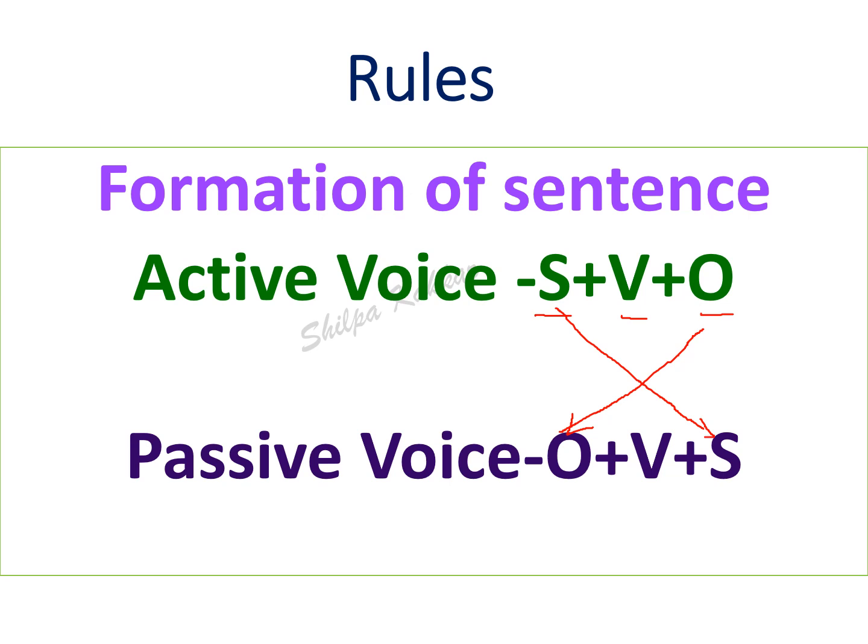Alright, verb remains at the same place, but the form of the verb changes. Only then can it be said that active voice has changed into passive voice or passive voice has changed into active voice.